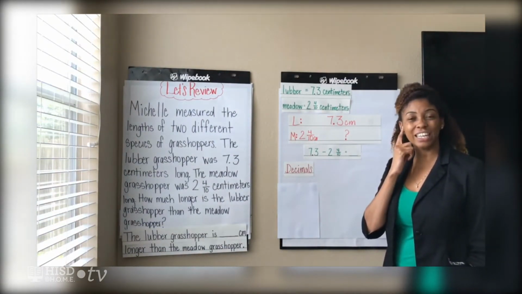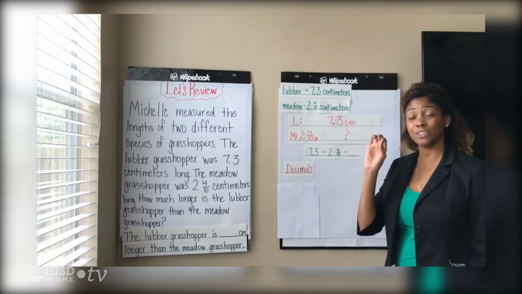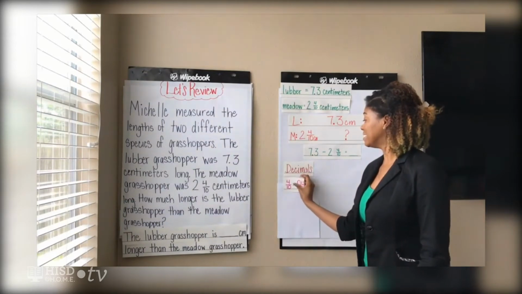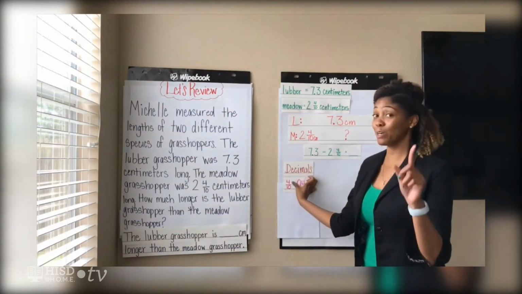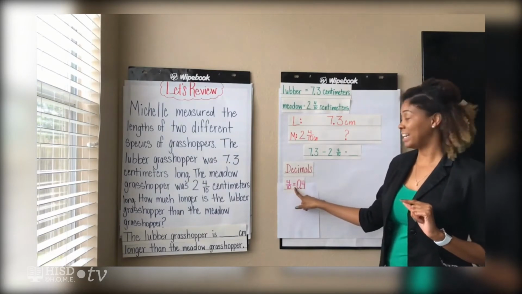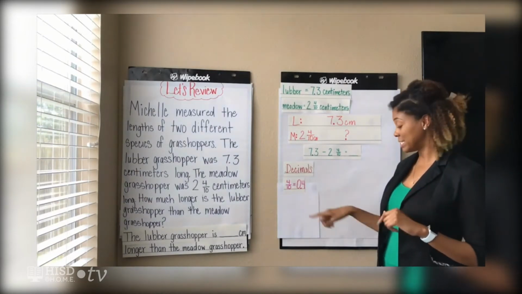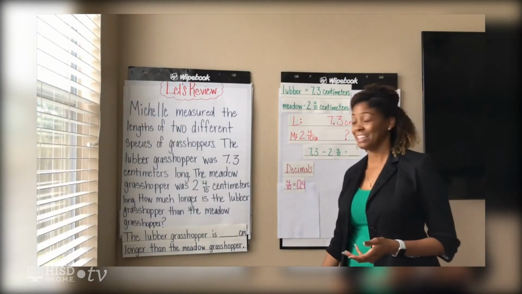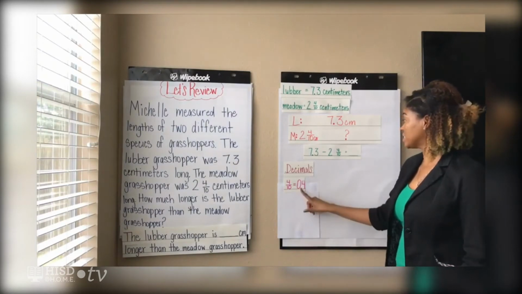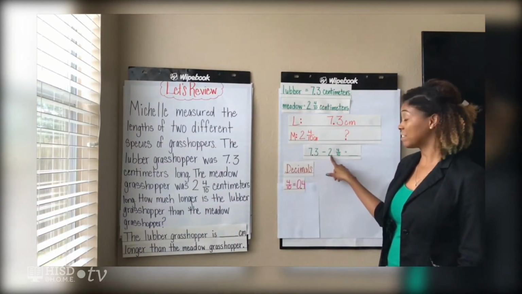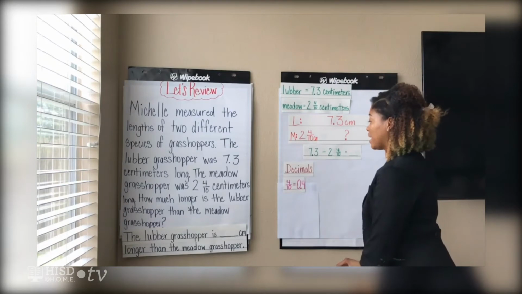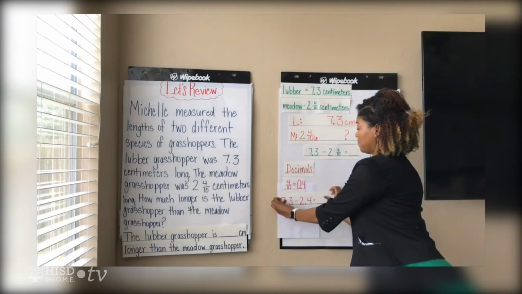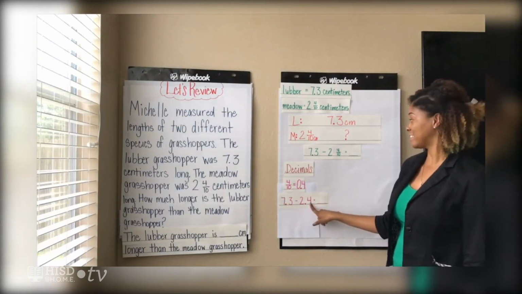And if I listen carefully, I hear the place value to help me write this as a decimal. 4 over 10, which is read 4/10, is the same as 0 and 4/10. Pretty simple, right? So now when I get ready to rewrite this problem, I have to add my whole number. I now can write the problem as 7 3/10 subtract 2 4/10.